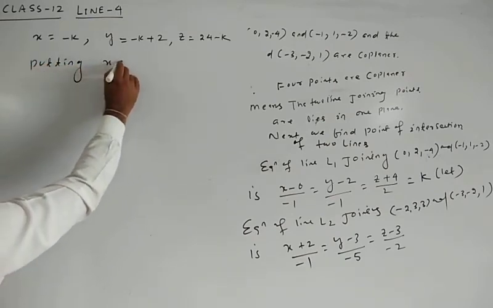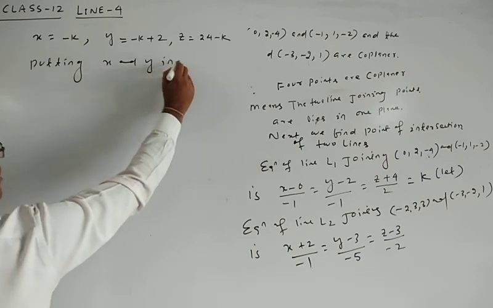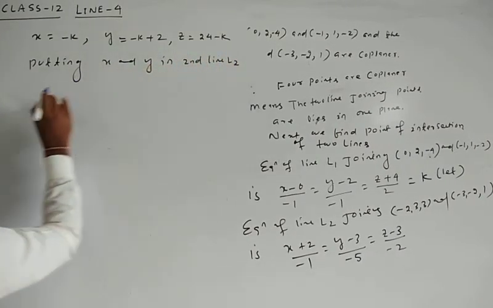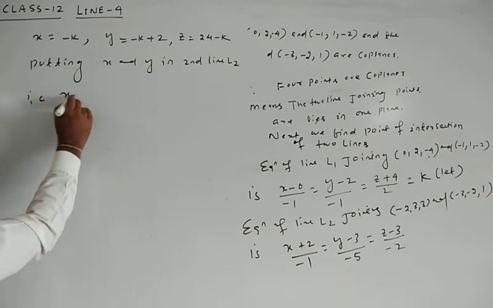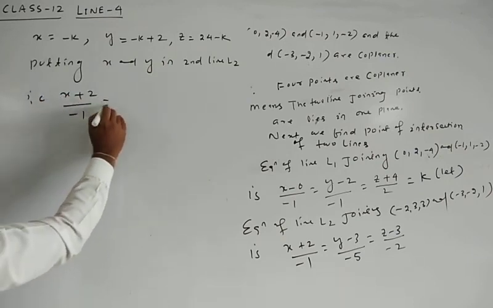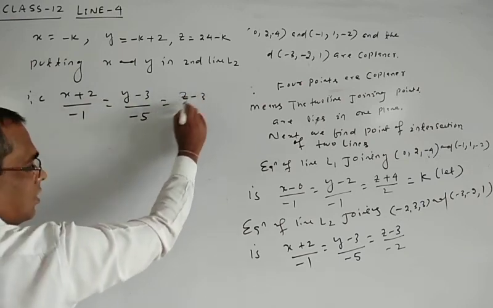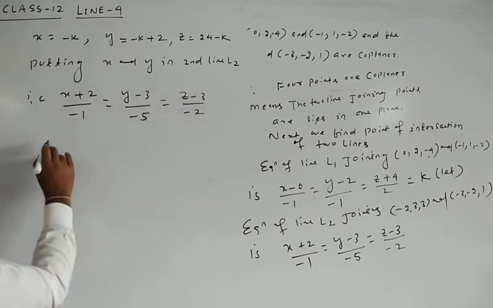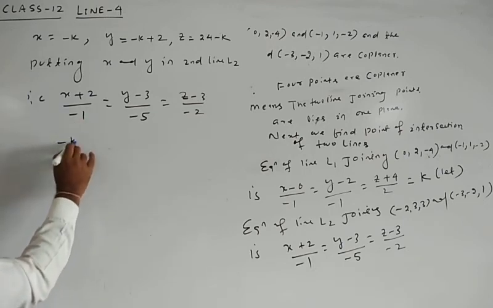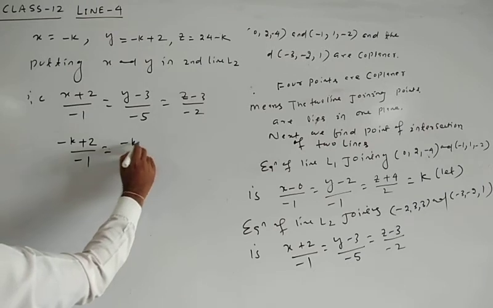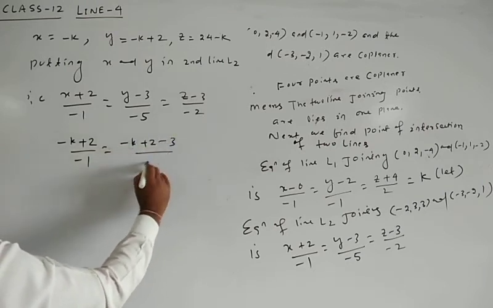Putting these x and y values in the second line L2, that is (x + 2)/(-1) = (y - 3)/(-5) = (z - 3)/(-2). On the second line, x is -k, so (-k + 2)/(-1) equals (-k + 2 - 3)/(-5).